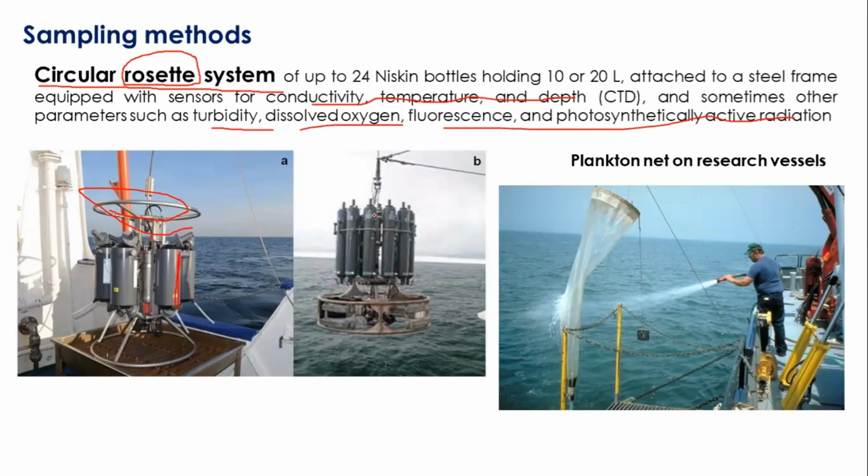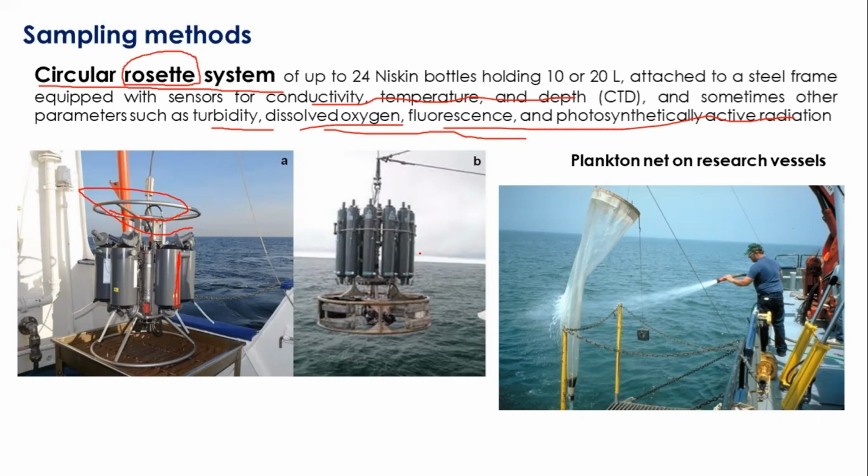Those factors are very important when you are working with microbes, because if you would like to know what influenced your microbial community in that area, these abiotic factors are very important. So in the rosette system, you have all the sensors and 24 Niskin samplers.